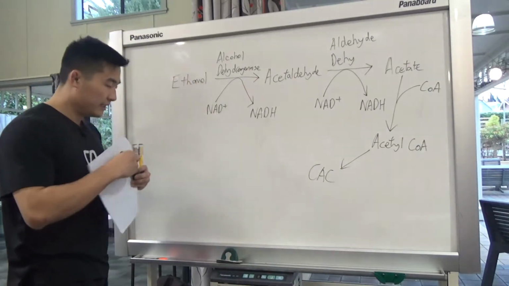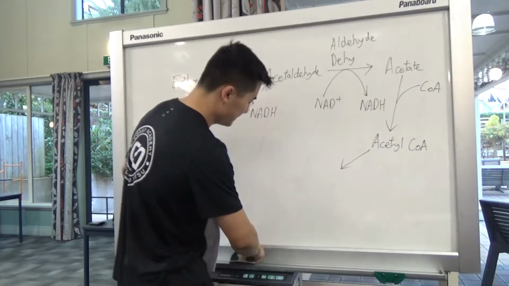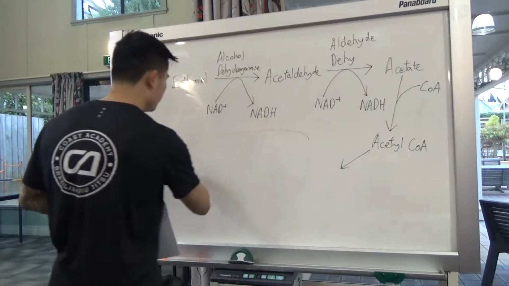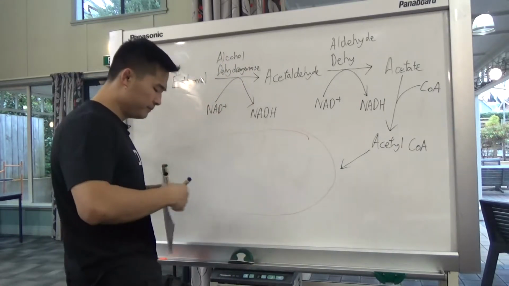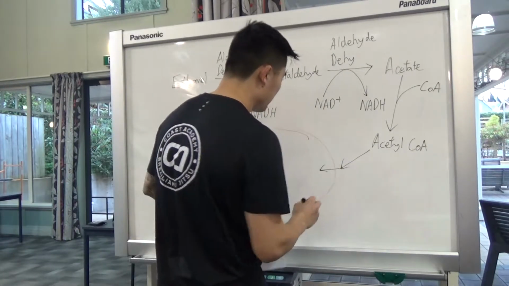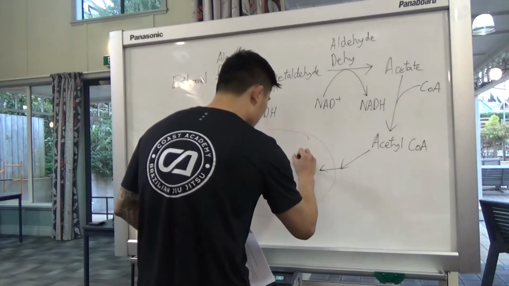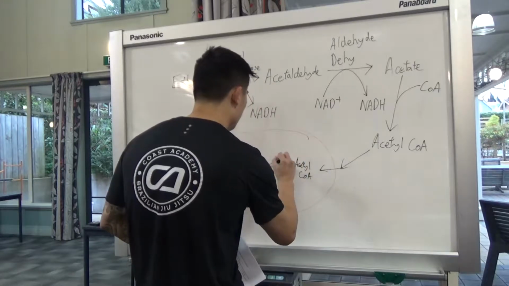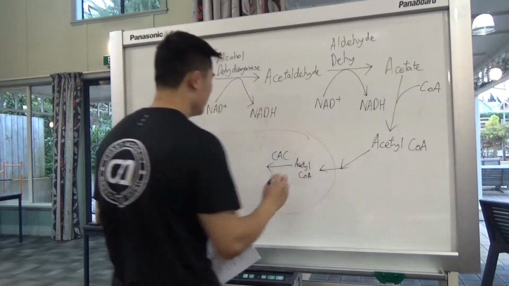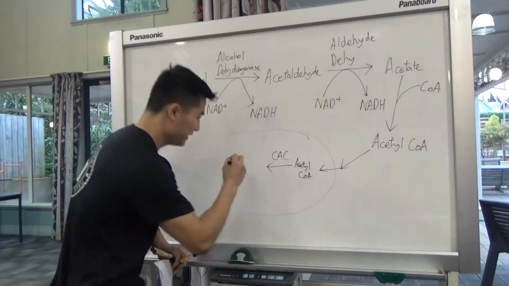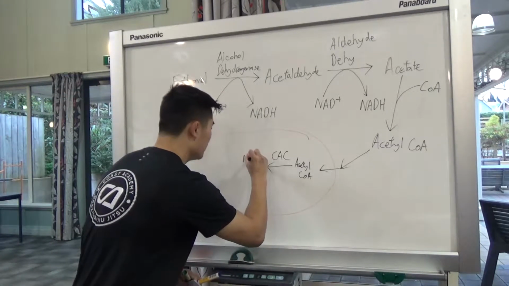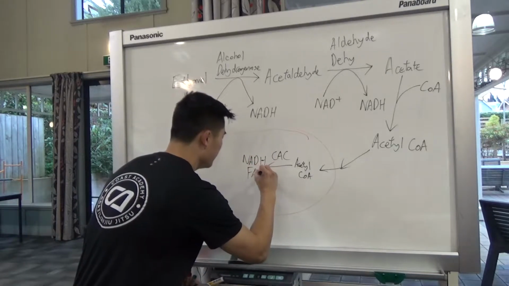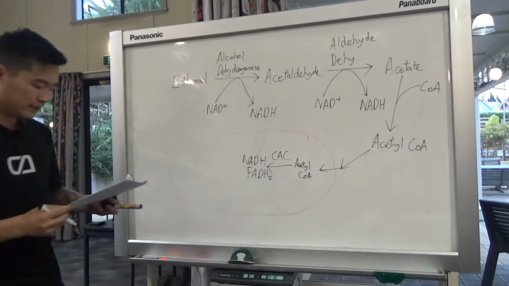So I'll just fill out that diagram that we have at the bottom there. This acetyl-CoA will go into the mitochondria. So it goes through the citric acid cycle, and at the end of the citric acid cycle we get NADH, we get FADH2, right?